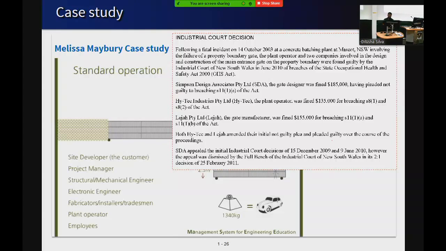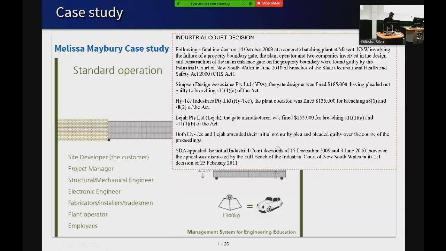Lehar, the gate manufacturer, was fined $155,000 for breaching their relevant components of the Act. Two of these entities pleaded guilty towards the end of it. SDA appealed. However, the appeal was dismissed by the full bench of the Industrial Court of New South Wales.